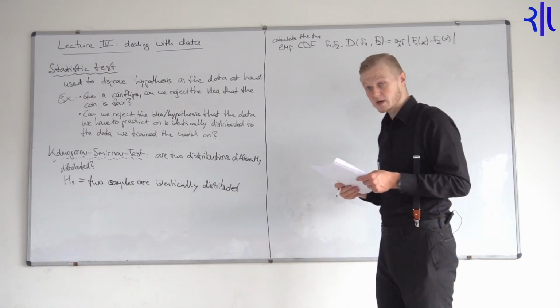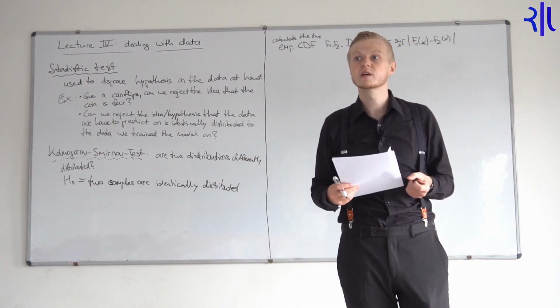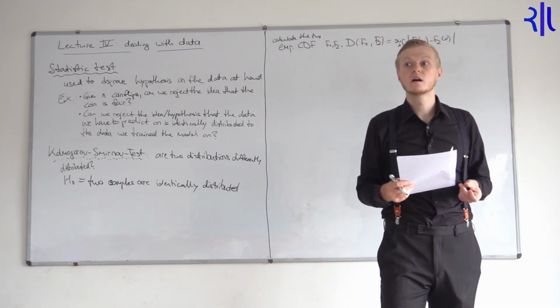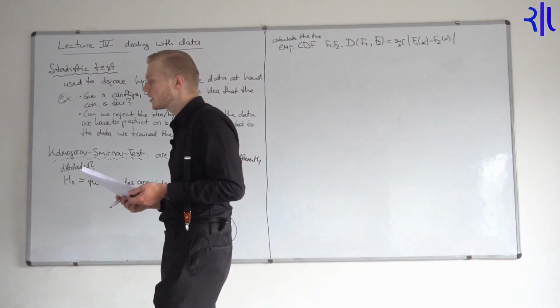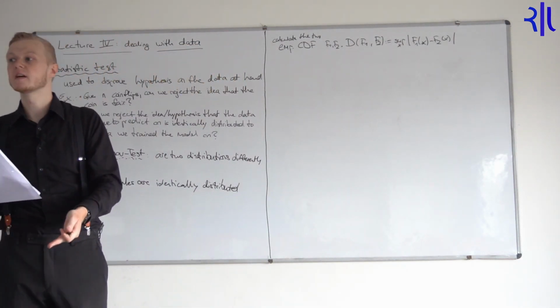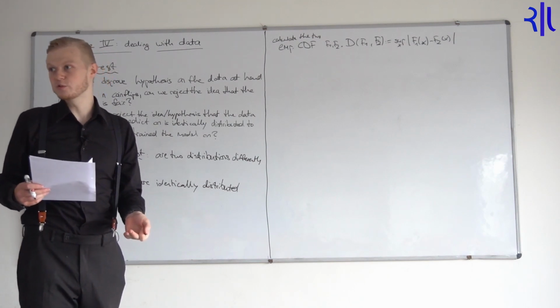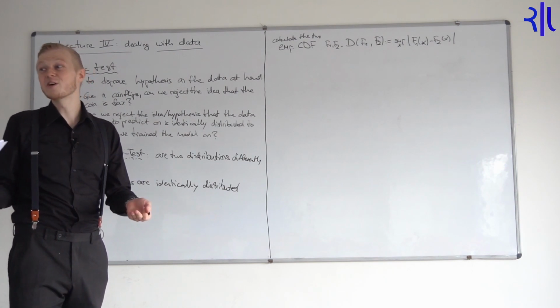The supremum is kind of a generalization of the maximum. Sometimes the maximum does not exist. For example, when you look at the function 1 over x and you just look at negative values, what is the highest value that the function achieves? Yeah, there is none.